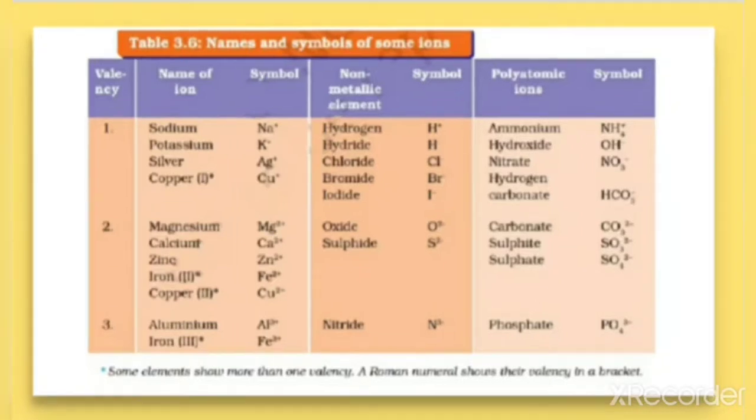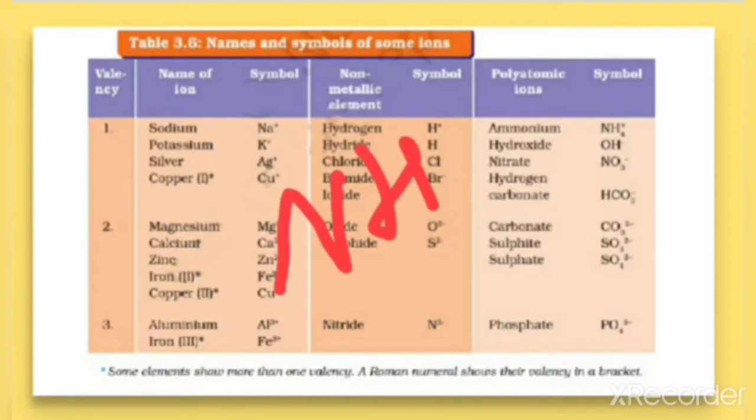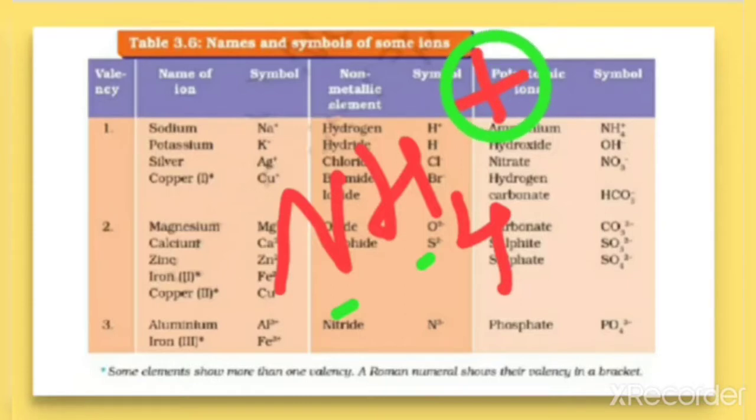Let us take an example of a polyatomic ion, the ammonium ion. What is the formula for the ammonium ion? NH4 plus. It's a polyatomic ion because it has a number of atoms and there is a single positive charge. This positive charge is the overall charge.